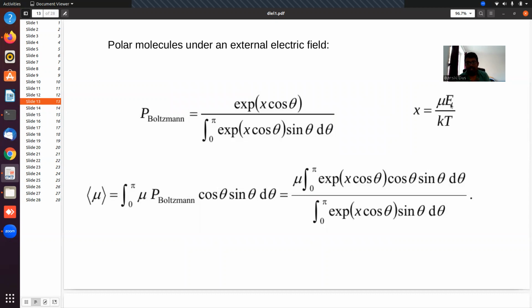What is the probability of that orientation of the dipole? That is the Boltzmann probability, which is exponential of mu E cos theta divided by kT, divided by the integration over everything for normalization. So the average mu is mu multiplied by the Boltzmann probability over the whole orientation, like before, where we calculated the average dipole over the whole sphere of orientations.